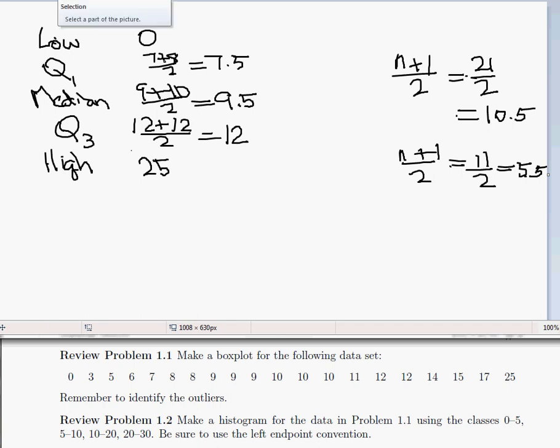Before doing this, I have to get the interquartile range. The interquartile range is the third quartile minus the first quartile, and that's going to be 12 minus 7.5, which is 4.5.